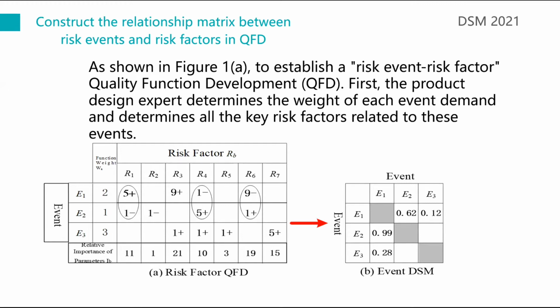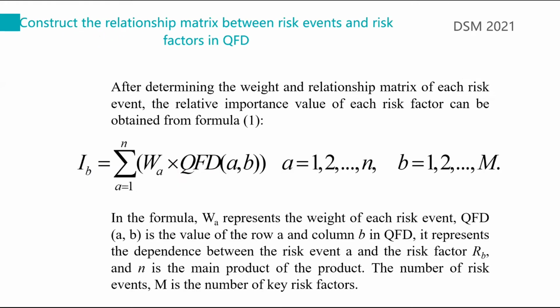We can see the QFD and the event DSM. After determining the weight and the relationship metrics of each risk event, the relative importance value of each risk factor can be obtained from Formula 1. In the formula, we can calculate the weight and relationship metrics.